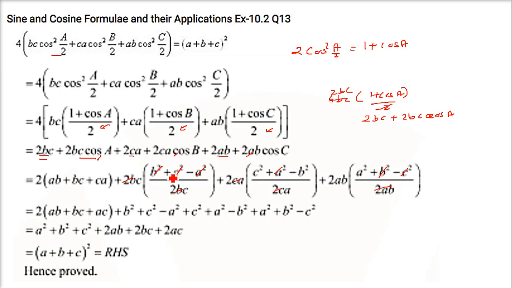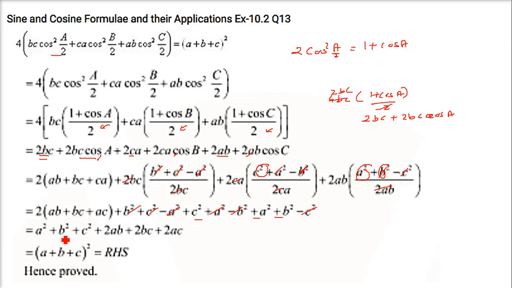So what is left? Only a square plus b square plus c square, because if you open it, all these will cancel. So a square plus b square plus c square will remain.